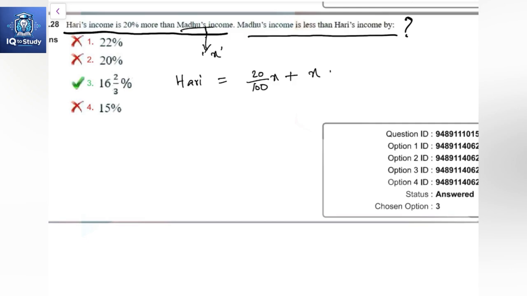So the difference is equal to 20 by 100 x plus x minus x, which is equal to 20 by 100 x, that is equal to 0.2x.